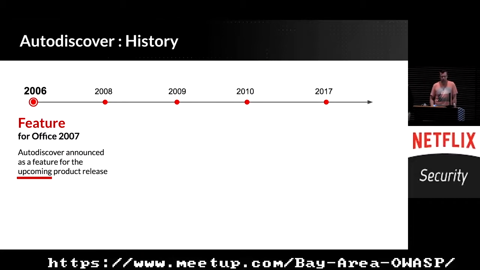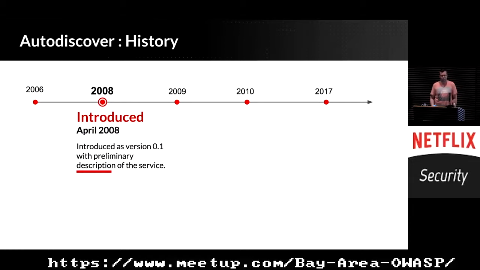This protocol was announced unofficially by Microsoft in 2006, and it was just an upcoming feature of the Exchange server. In 2008, this protocol was documented and shown as an official protocol in Microsoft products.